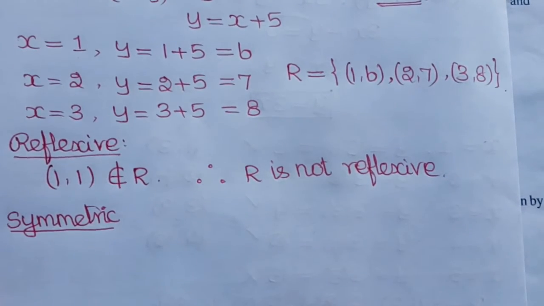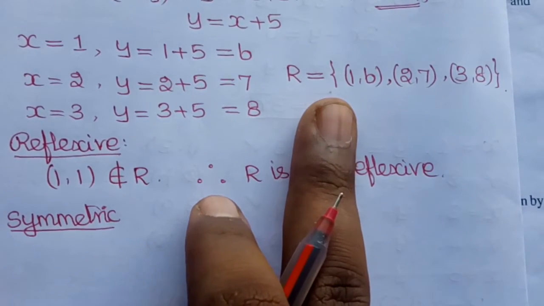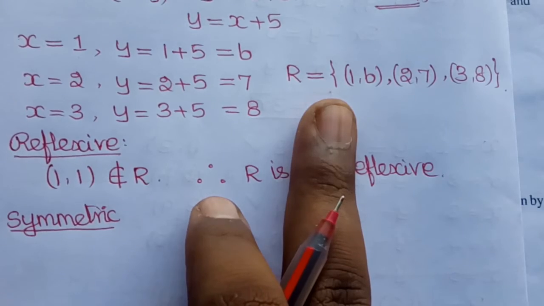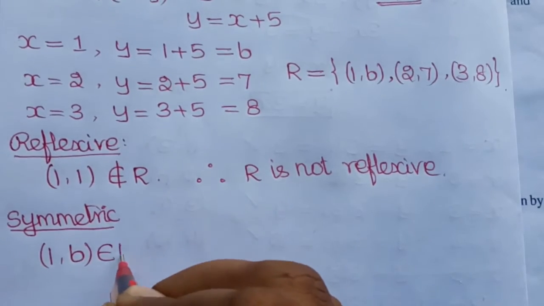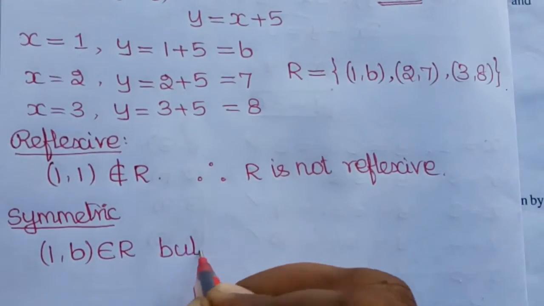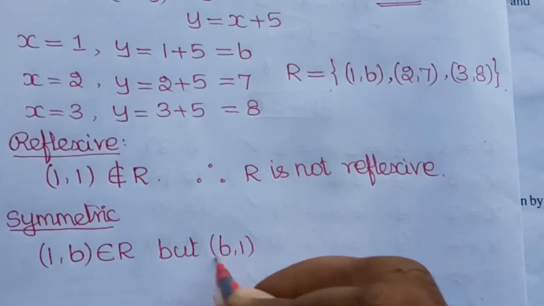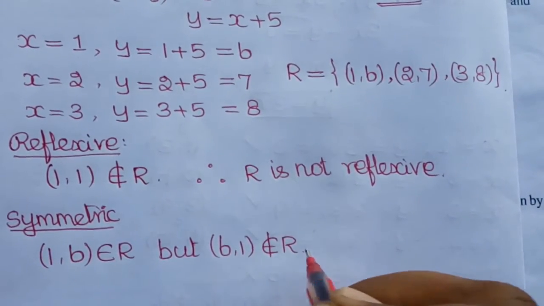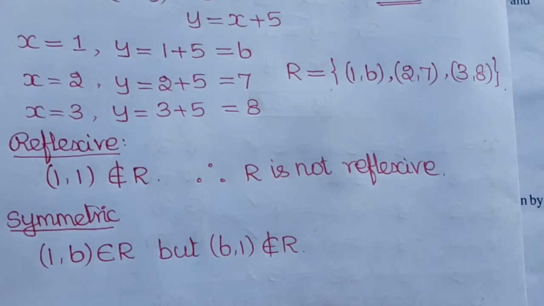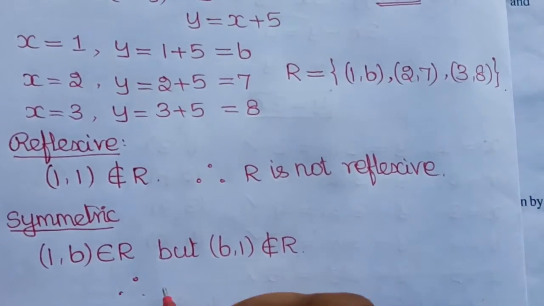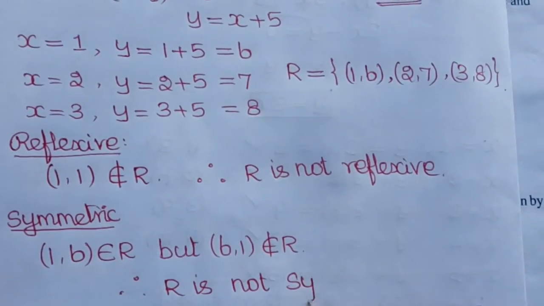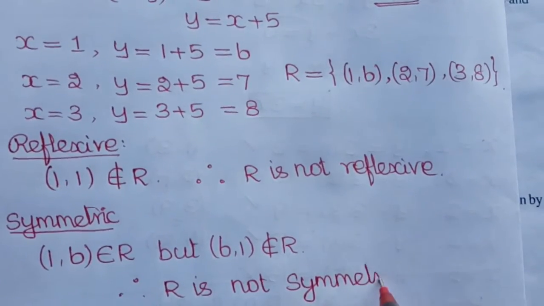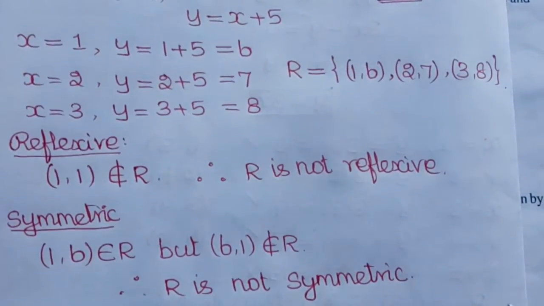Here (1, 6) belongs to R, but (6, 1) does not belong to R. (1, 6) is there, but (6, 1) does not belong to R. Therefore, R is not symmetric.